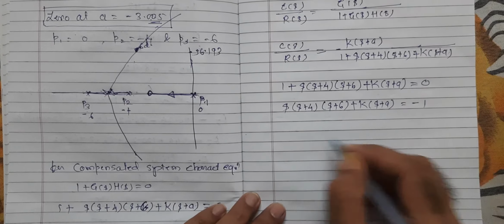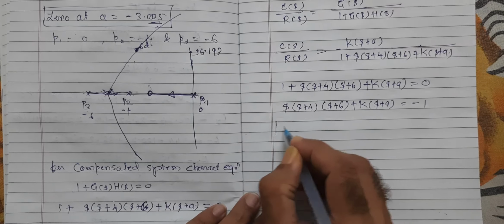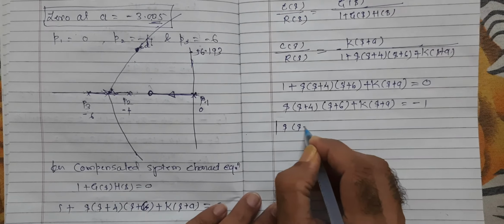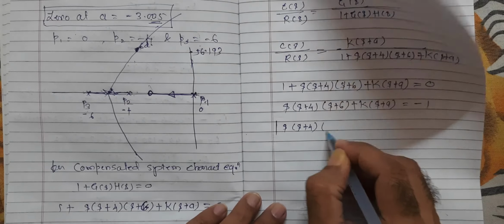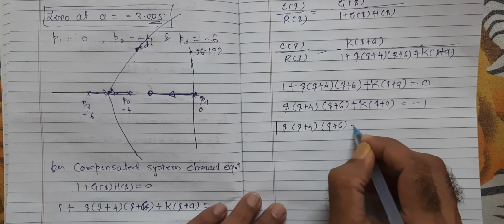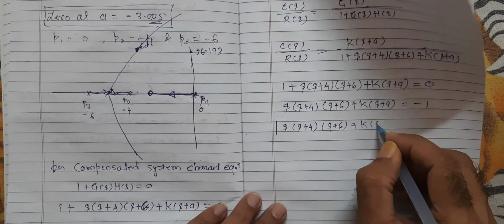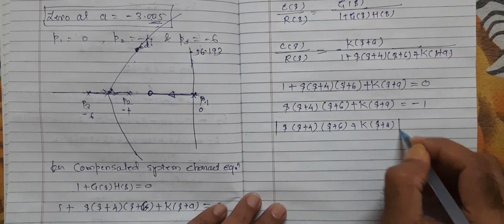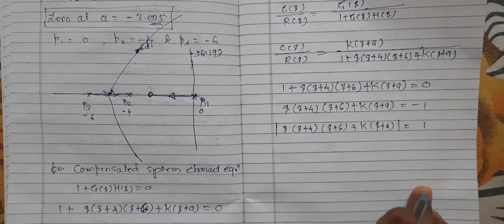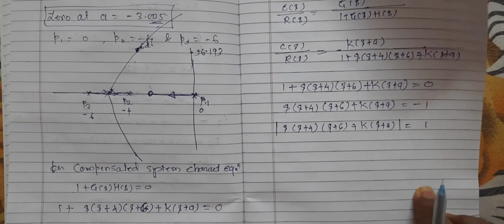So the mod of s into (s plus 4)(s plus 6) plus K into (s plus a) equals 1.